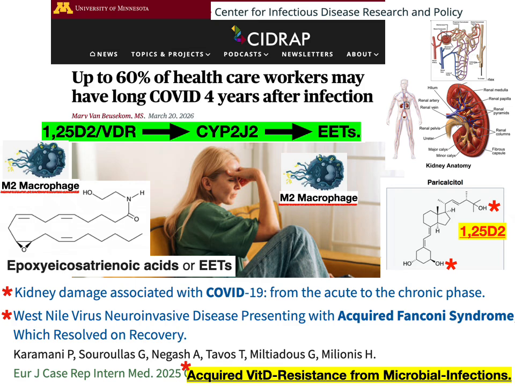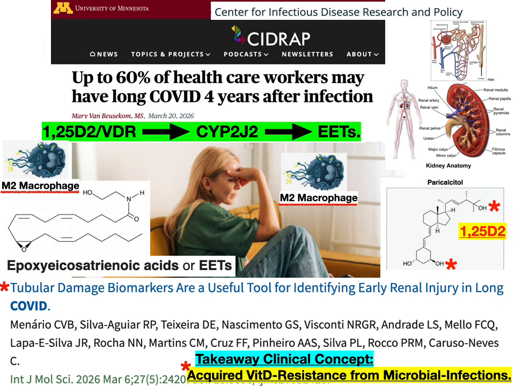This person who has acquired Fanconi syndrome has acquired vitamin D resistance because no matter how much vitamin D3 you give them, their metabolic pathways, particularly the conversion of calcifediol to calcitriol in the kidney, are impaired.